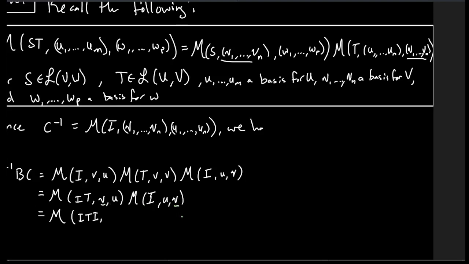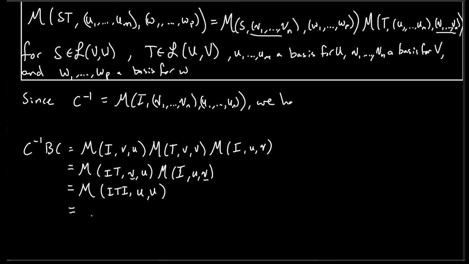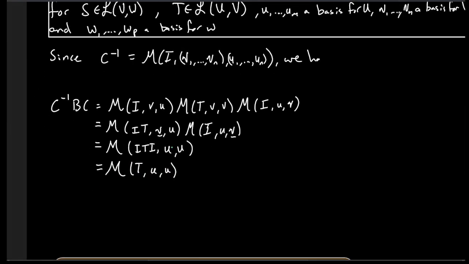What I put in the second spot is the U, and what I put in the first spot is the U. Bam. But hey, the matrix of I, T, I, the identity, T, and the identity, that's just the matrix of T with respect to the basis U. Hey, that's A.